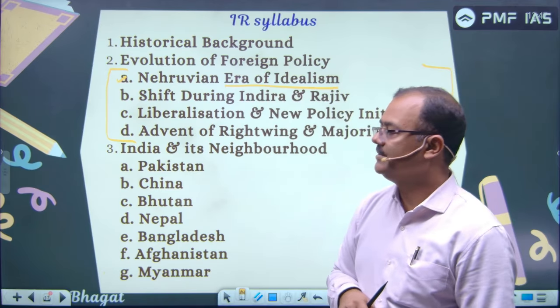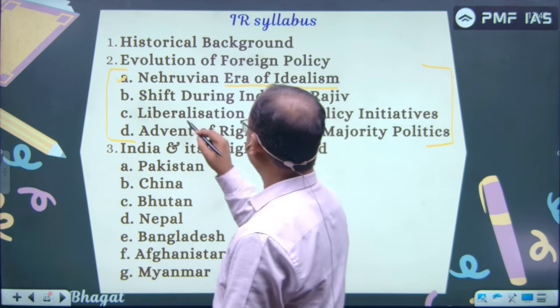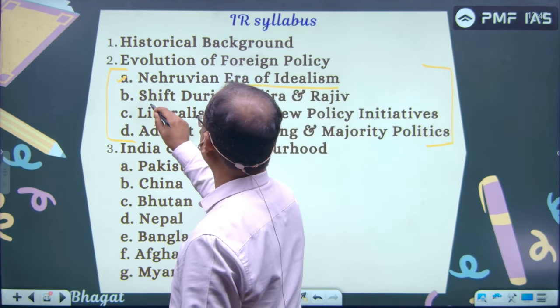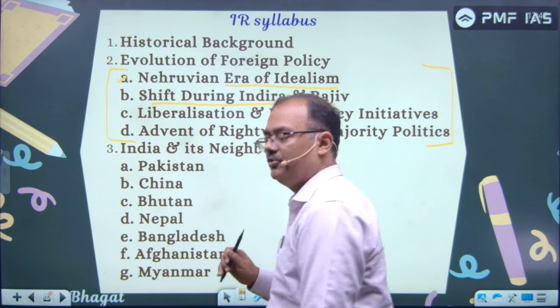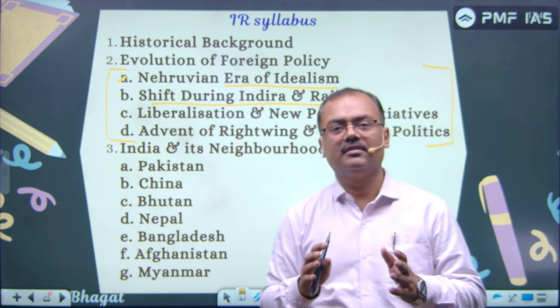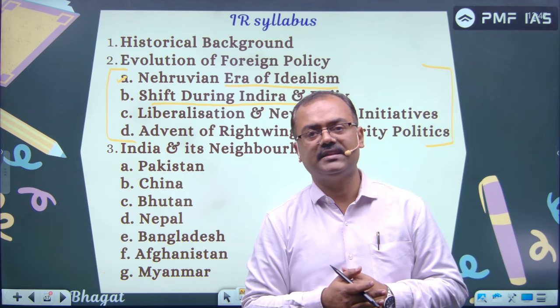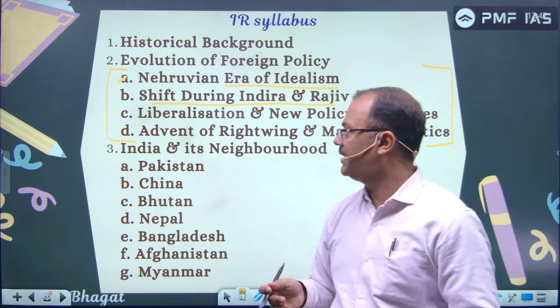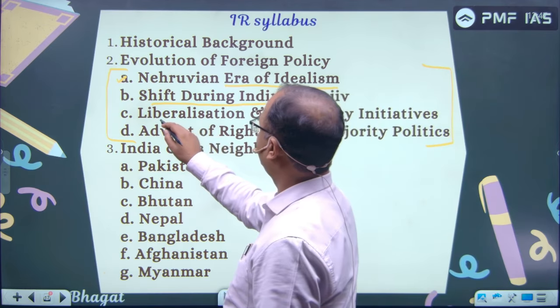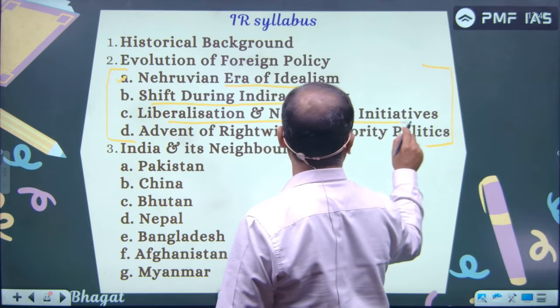Nehruvian era of idealism. Second, shift during Indira and Rajiv. During Indira and Rajiv, there was a shift. What was that shift? I will discuss in detail about that shift.